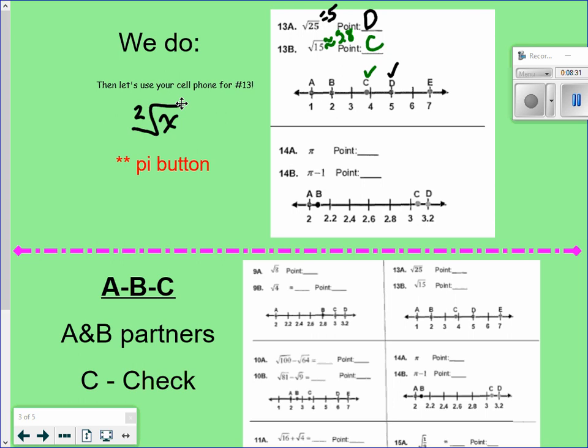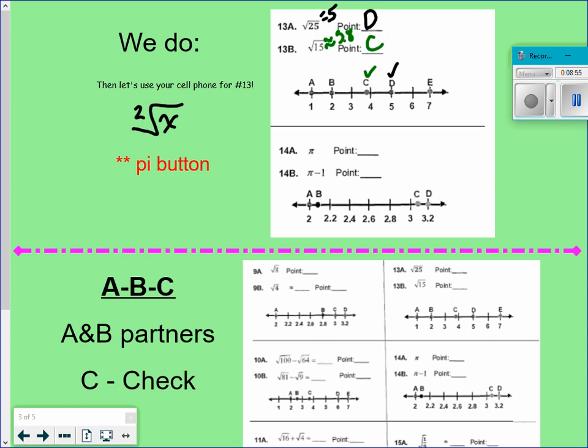On the calculator, we put in the square root symbol first. If you have an iPhone, you're kind of going to go backwards. You have to put in 25. Go ahead and put 25 in your calculator. Then hit your square root symbol, and it equals 5. Lovely. Okay, go ahead and put your iPhones away.